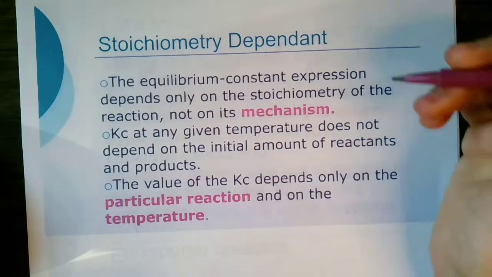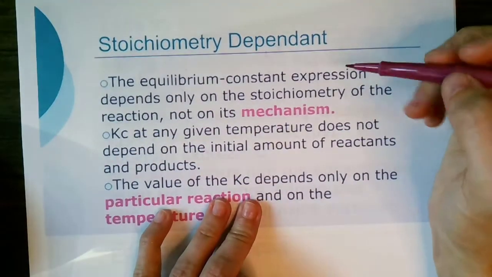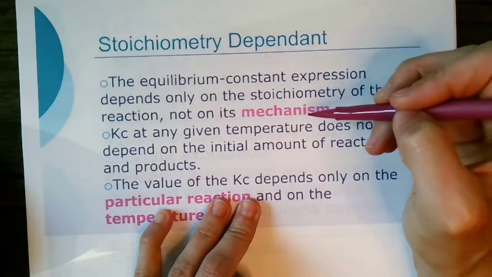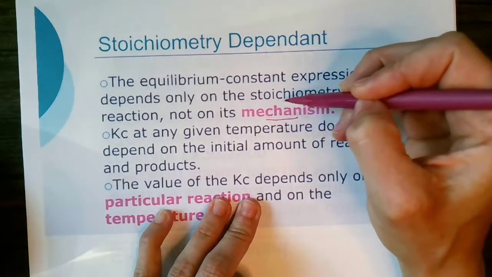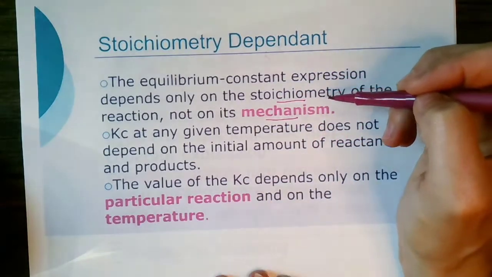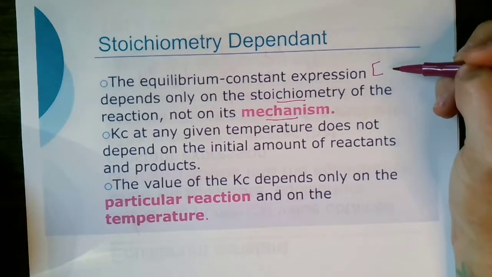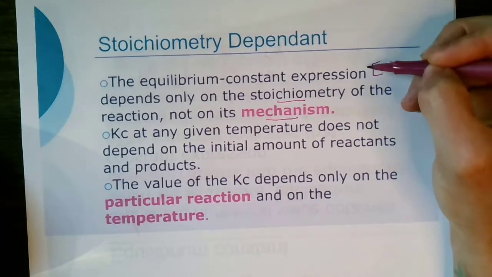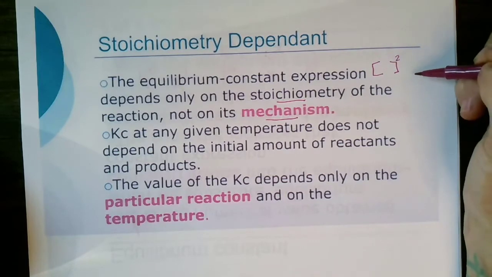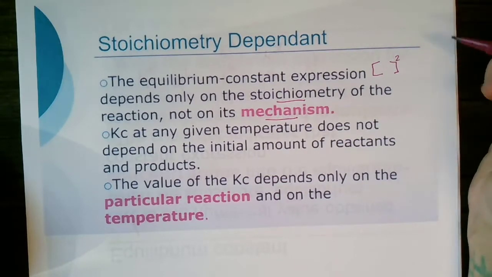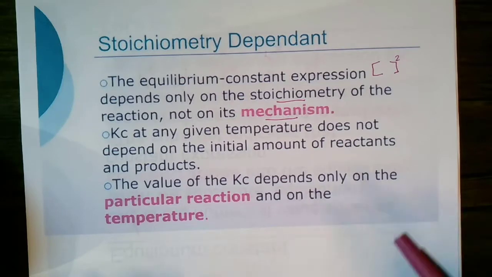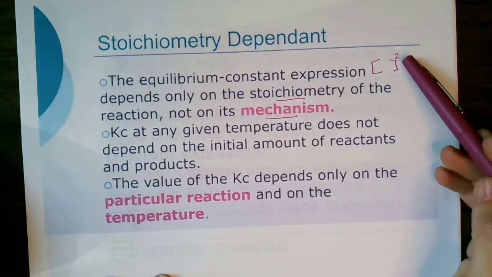The equilibrium constant expression depends only on the stoichiometry of the reaction, not on its mechanism. We really need to have that balanced equation so that when we're looking at concentrations, if there was a 2 in front of it, then it's going to be raised to the second power or to the third power. So we have to know those stoichiometry ratios.